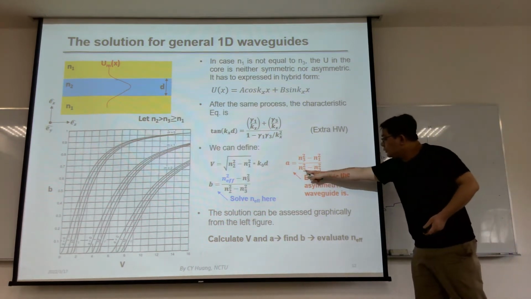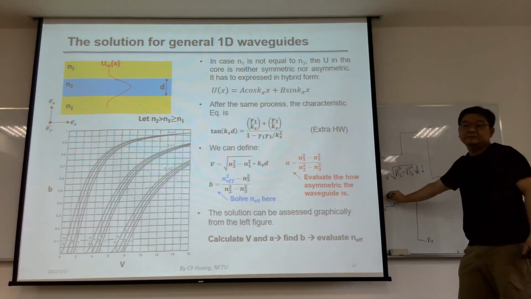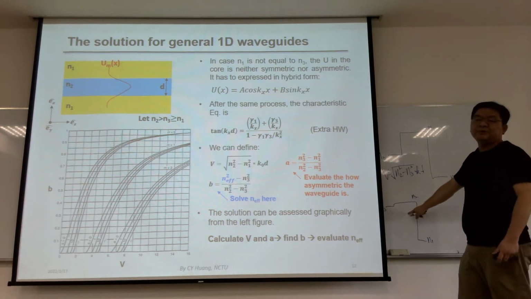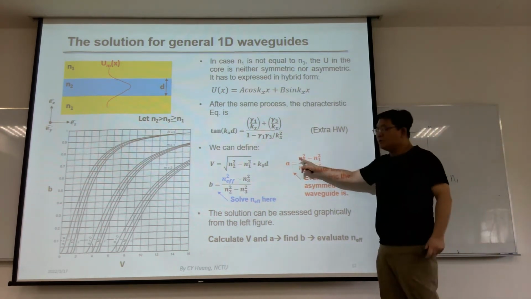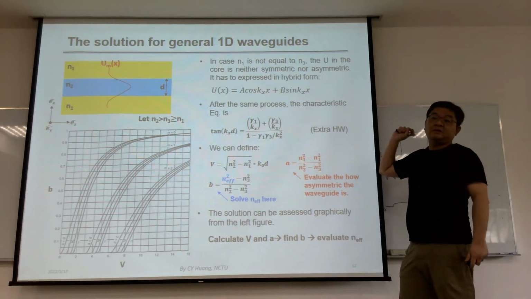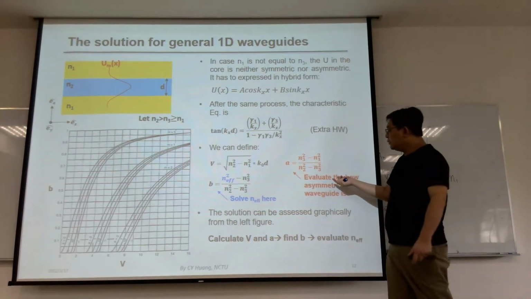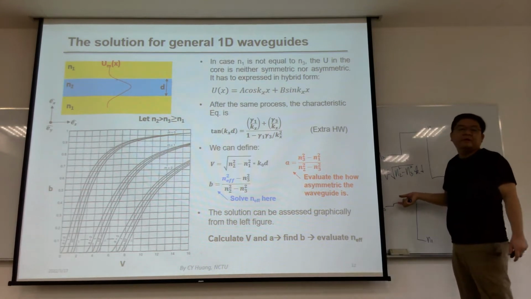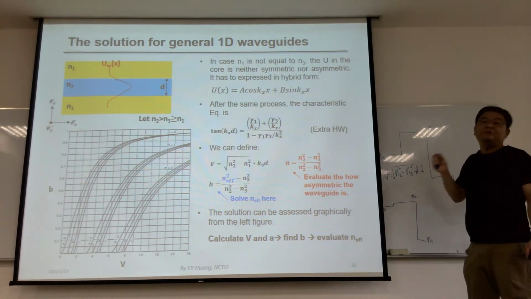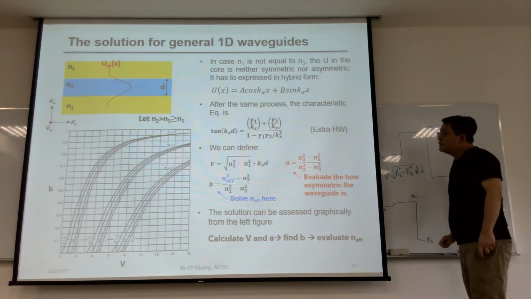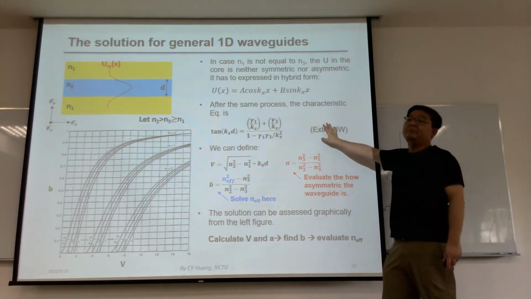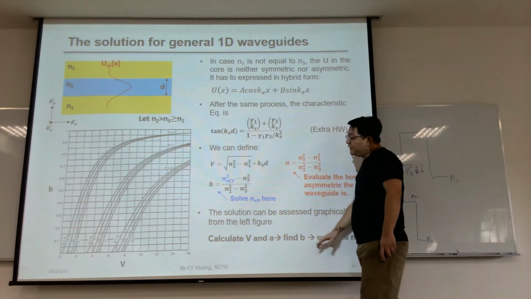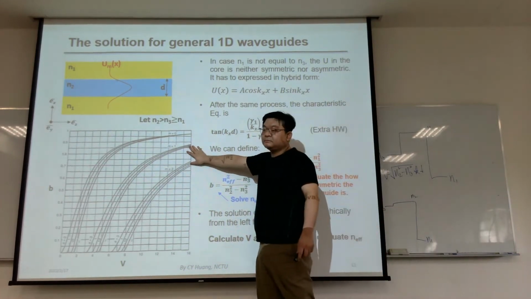And N2 and N3 are very close. So this waveguide is very asymmetric, so A goes to infinity. The worst case. That means one side has almost no reflected index.